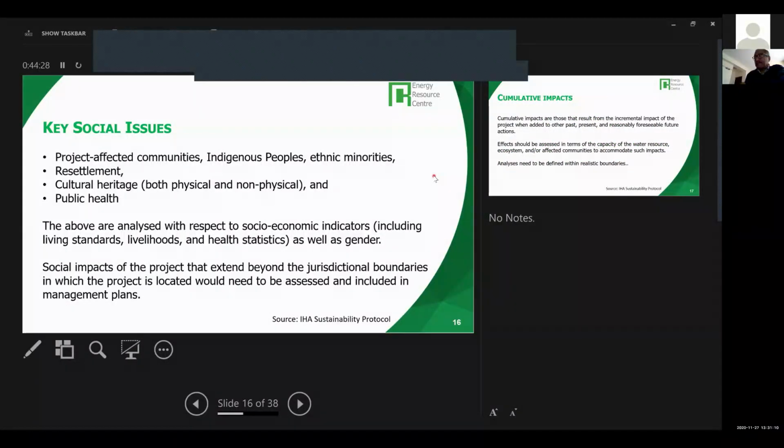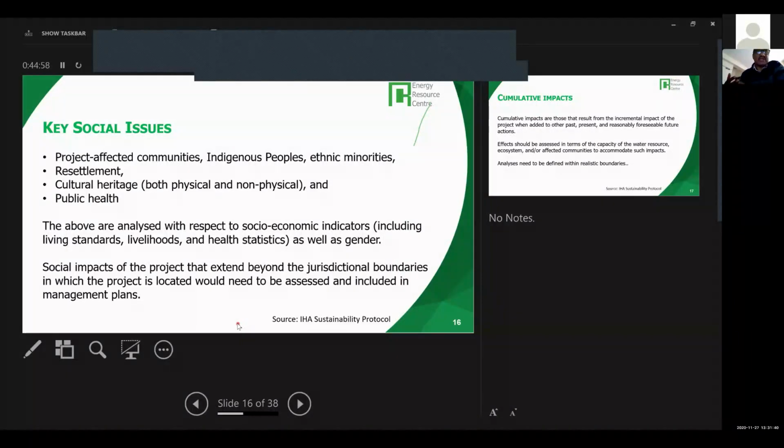So what are the resettlement issues? As I mentioned, you have to have a proper resettlement action plan. You have to make sure people who have to be moved, involuntary resettlement, are fully informed and they're taken well care of. The cultural heritage, both physical and non-physical, you have to look at these issues.